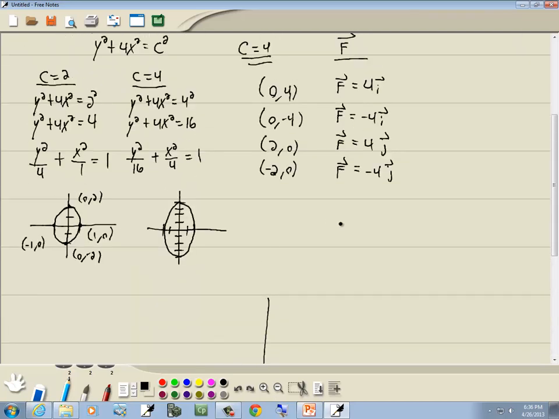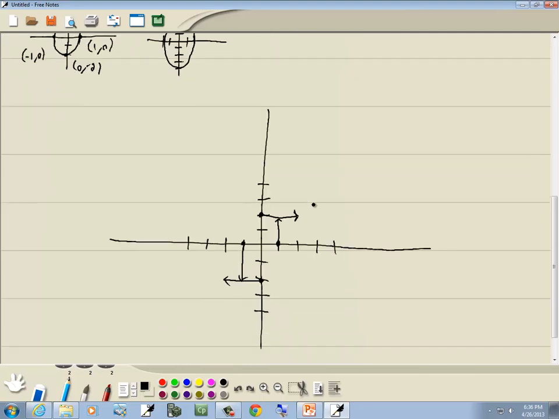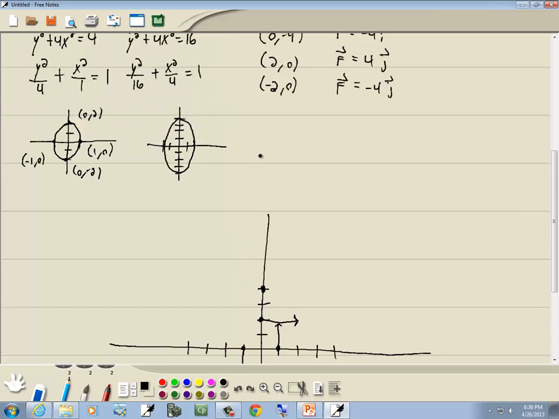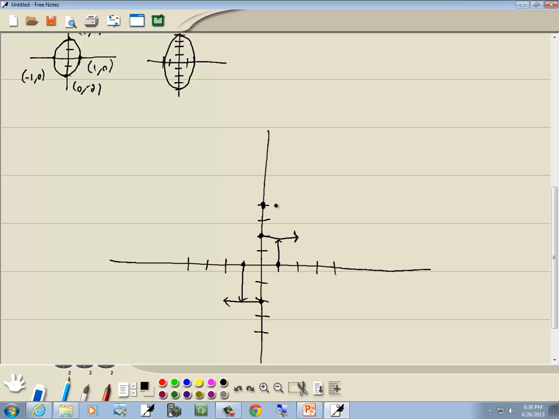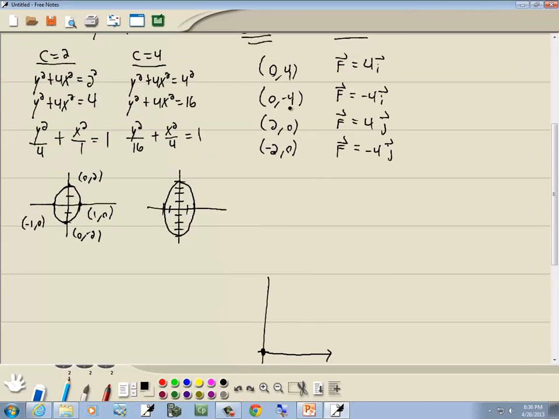Okay, so let's do these points then. We got 0, 4, which is right here. And it was 4i. So it's going to go 4 to the right. Like that. We had 0, negative 4.